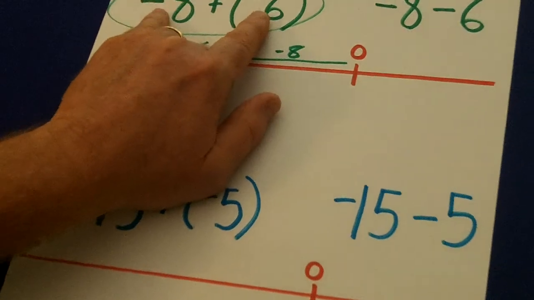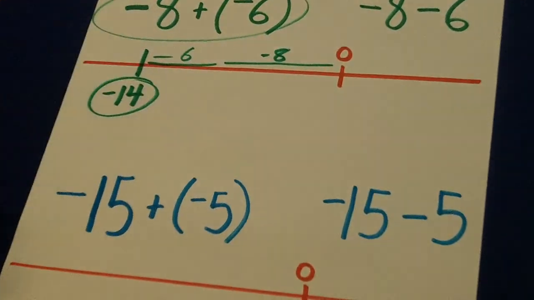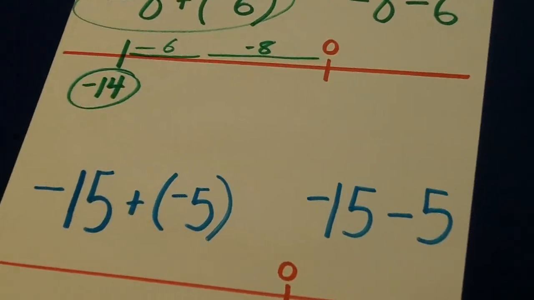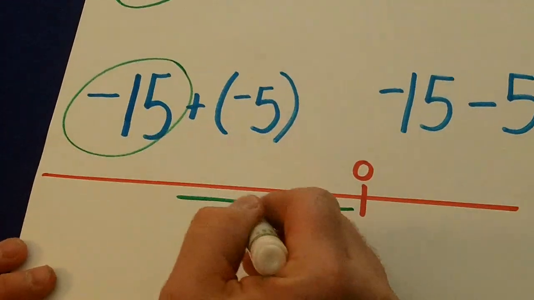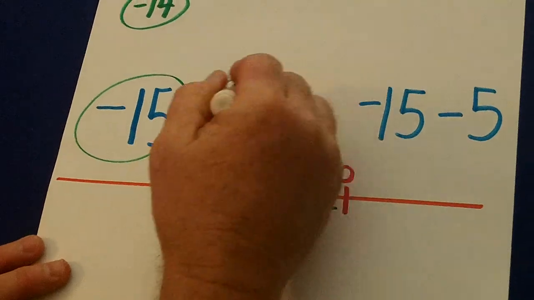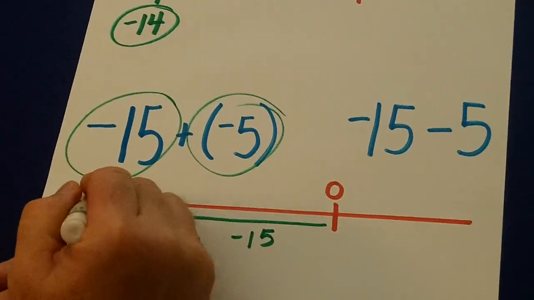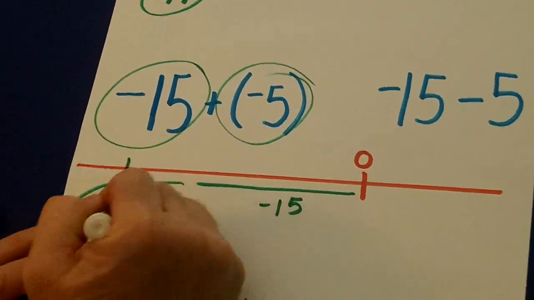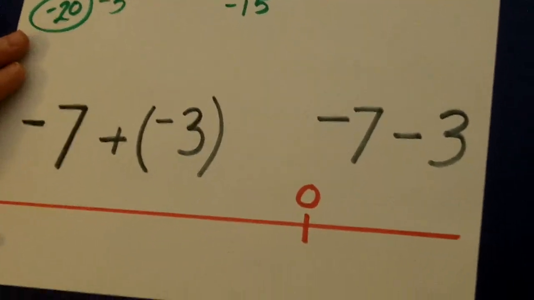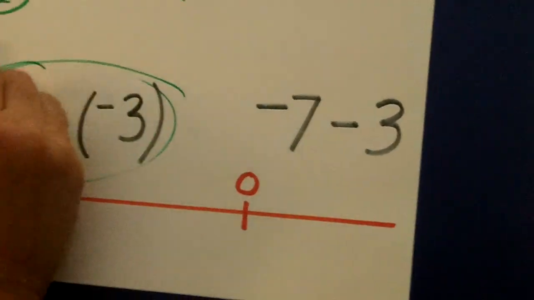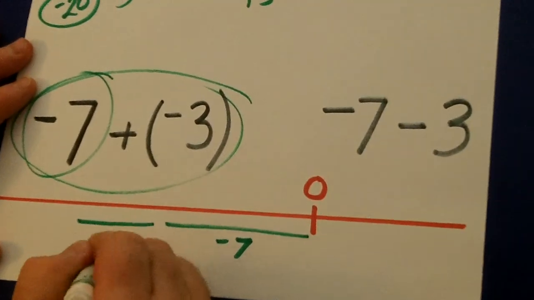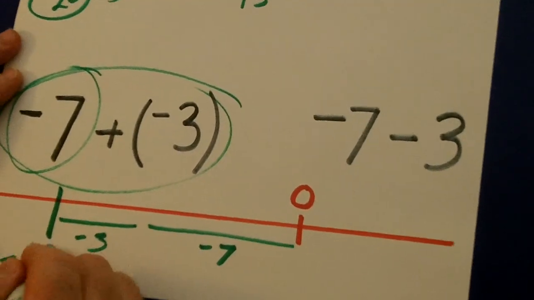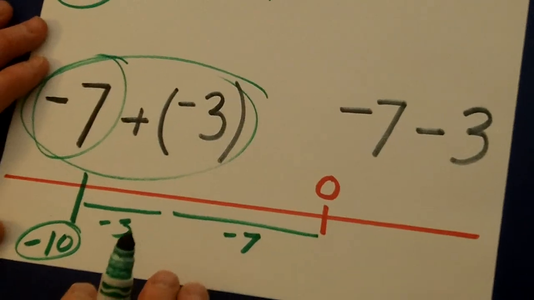So two negative numbers combined together give you a bigger negative number. Go back negative 15. Go back negative 5, and you get the big negative 20. Right here, go back negative 7, go back negative 3, and you get the big number negative 10.